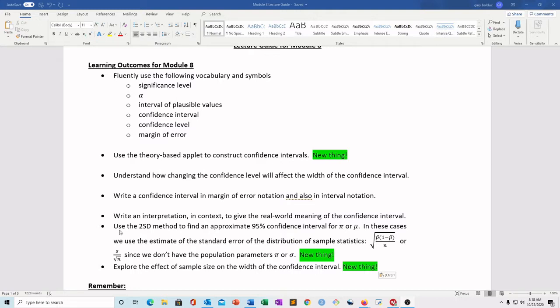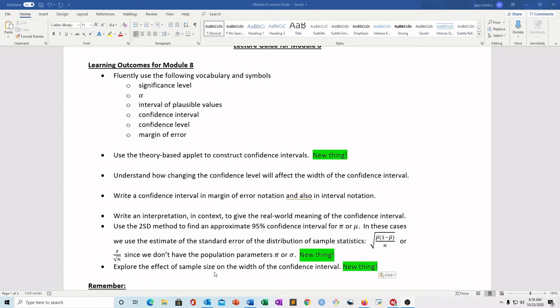We're going to use some formulas to do this, and it's very similar to what the applet does, but we're going to do one of these methods by hand, called the 2SD method, SD standing for standard deviation. And this is going to work for 95% confidence intervals. And so we are going to use a formula to build a confidence interval, just to explore it a little bit.